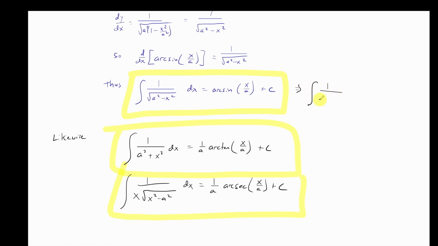The integral of 1 over the square root of a squared minus u squared du is arcsine u over a plus c, because when I'm doing an integration problem, this is how I'm likely to actually see the result. So for all of these, we could just write a u instead of an x. There's no real work here. We're just changing the name of the variable.